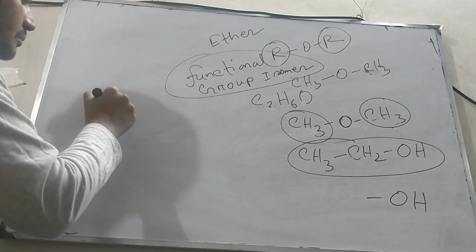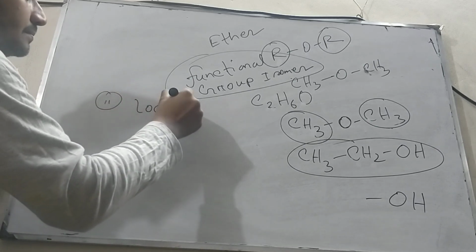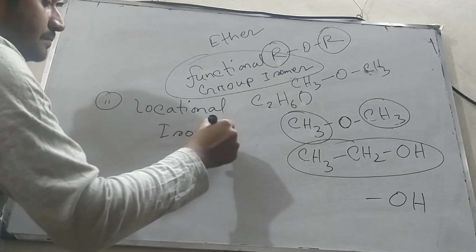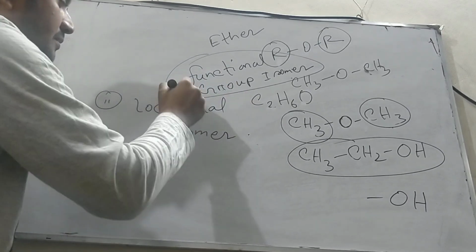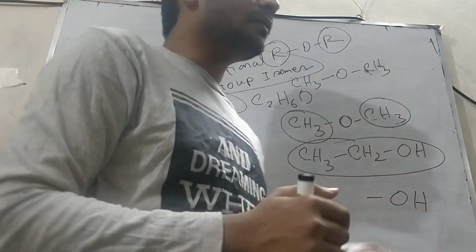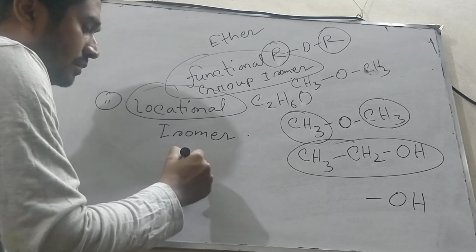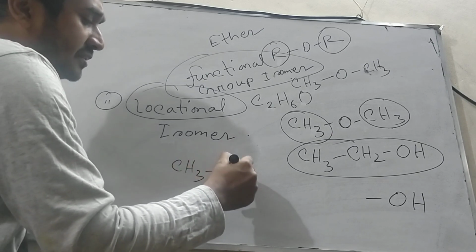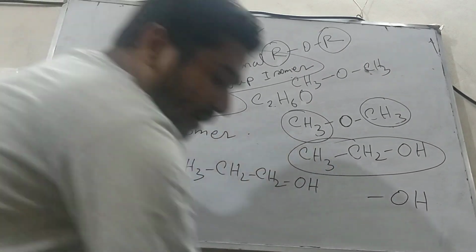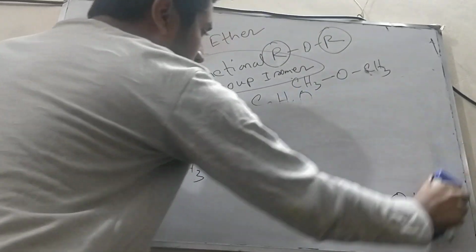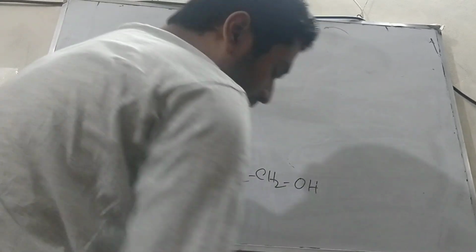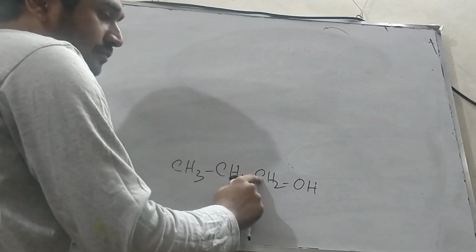Next, locational isomer. So there is a difference between the location of any group. Let's see, CH3, CH2, CH2, OH. And what is it called? Definitely you will say 1, 2, 3.